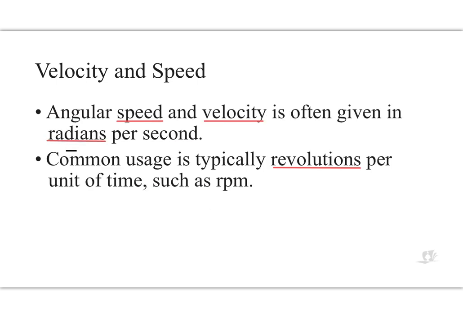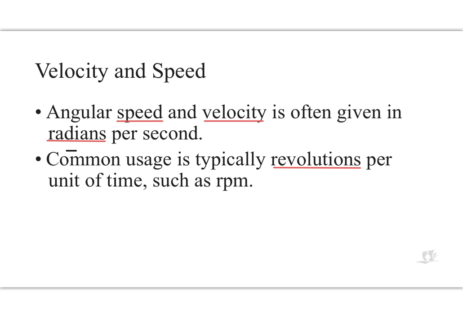All right, so angular speed and velocity is also often given in radians per second, which is typically your standard unit of measure for this. Common usage is typically revolutions per unit of time, such as RPM. That should look like a familiar term to us. Where have we seen that before?